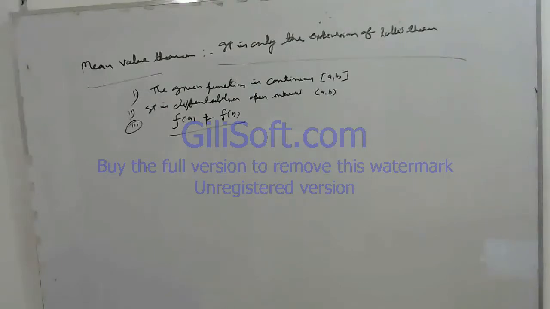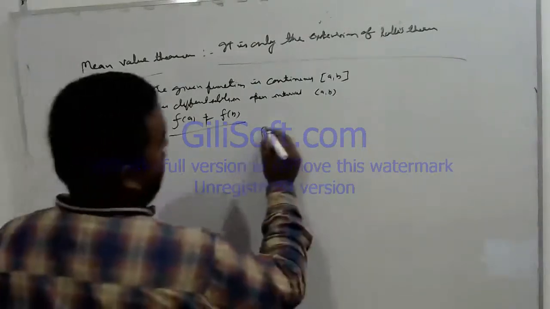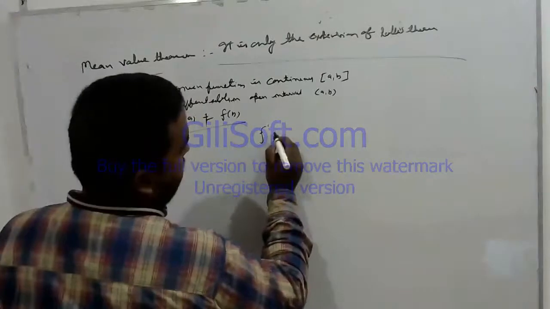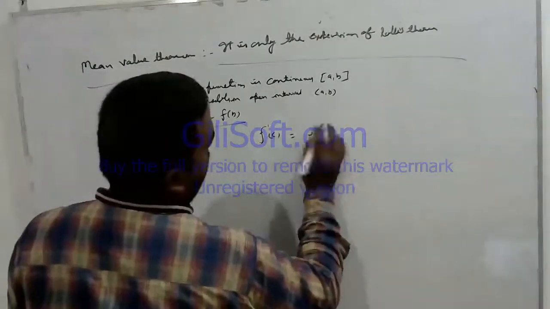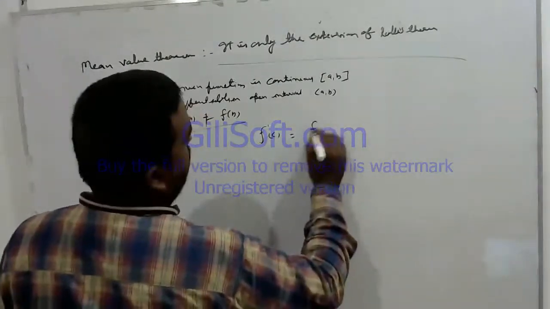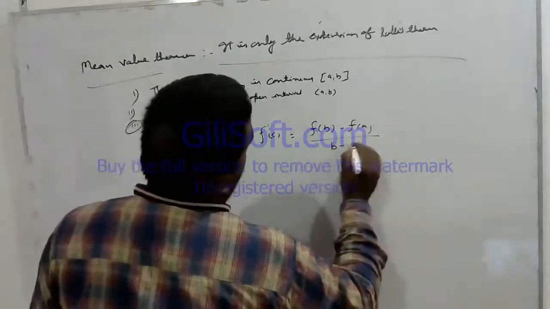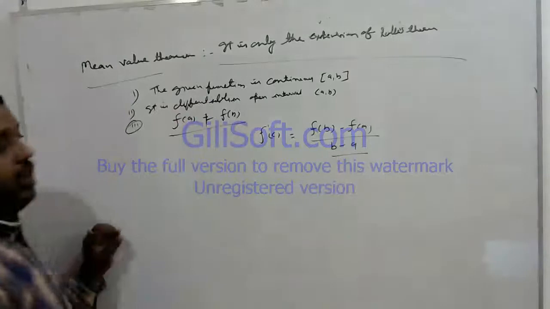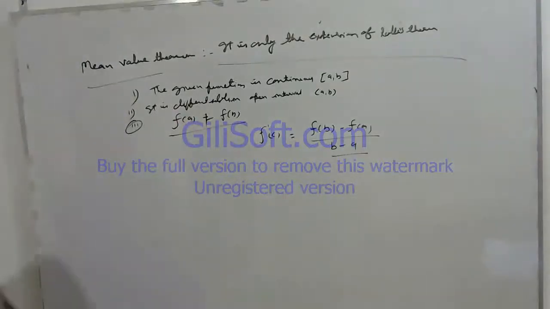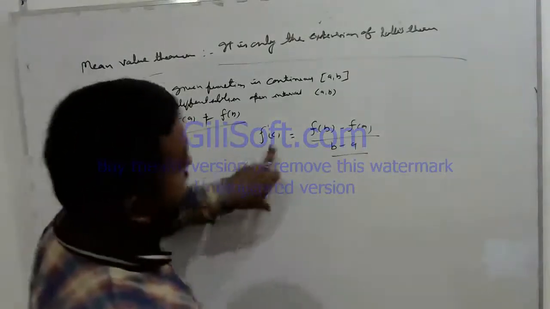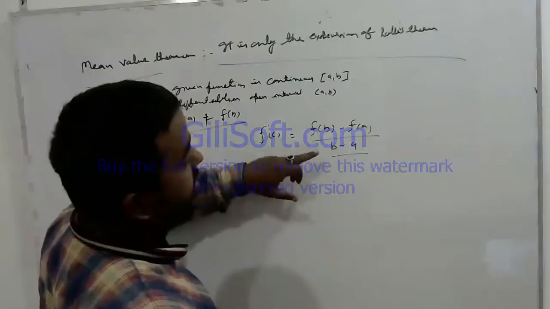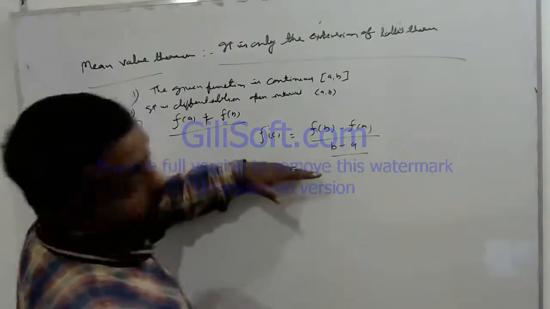There must be a point c such that f dash c is equal to f b minus f a by b minus a.